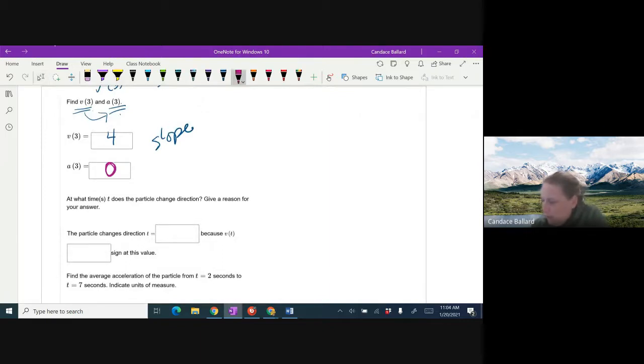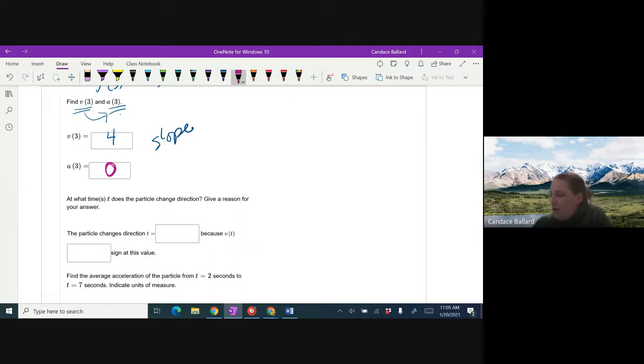Okay, so it says, at what time does the particle change direction? Give a reason for your answer. Okay, so we're looking for a change of direction when I have a change in sign.